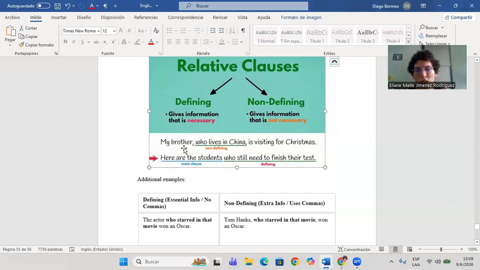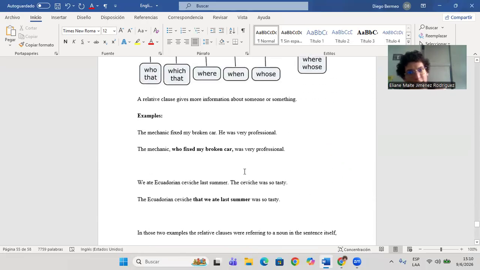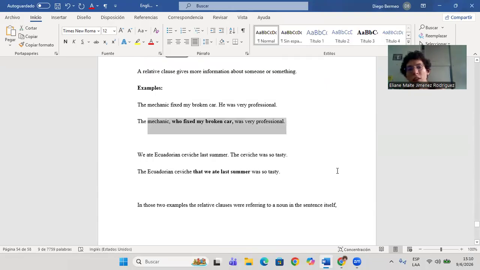Here are some extra examples, like my brother, who lives in China, is visiting for Christmas. Here are the students who still need to finish their tests. This is defining. Who still need to finish their tests. If you delete it, here are the students and nothing more. It doesn't make sense.